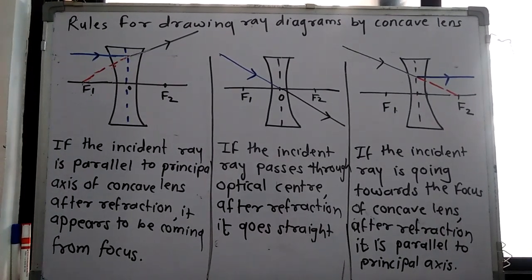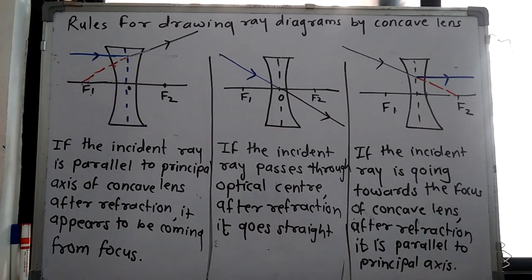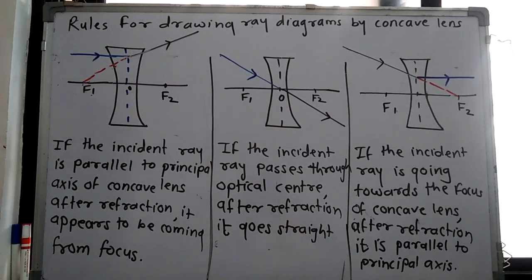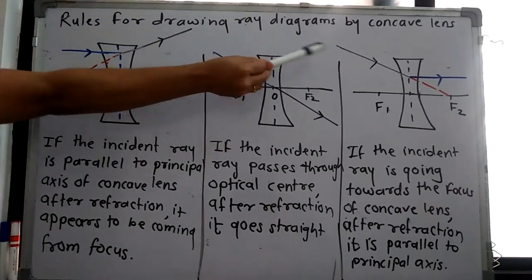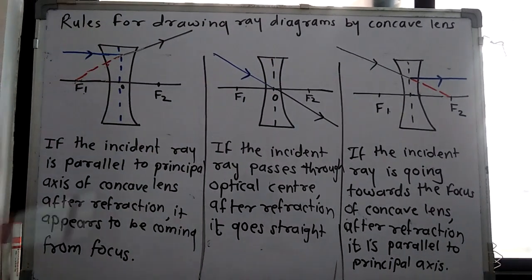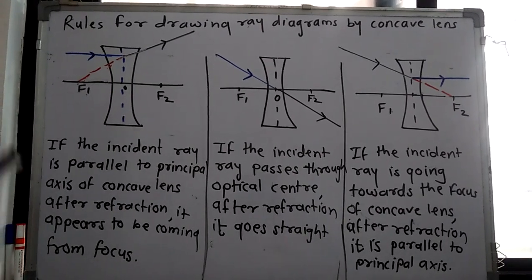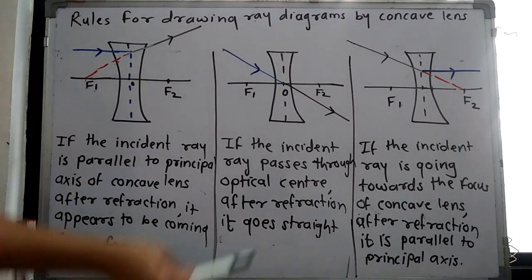And third rule. Now in the third rule, see, incident ray is going towards the focus. Black color ray, that is the incident ray, and it is going towards the focus. So how does it get refracted? It gets refracted parallel to the principal axis. So what is the third rule?